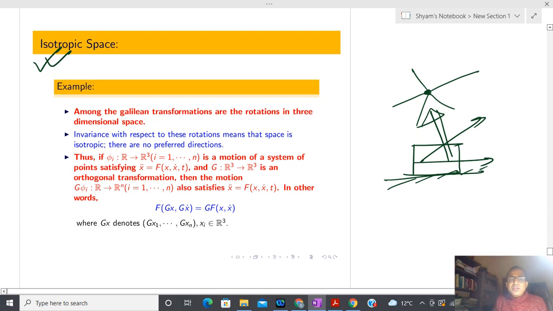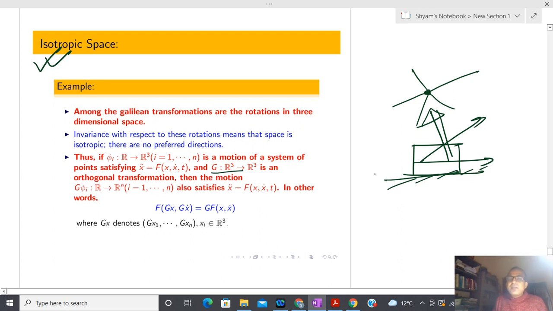Again I have an object, and each object has its motion represented by phi I r plus r cube, the motion of a point system, and after that I have to make sure that g is nothing but an orthogonal transformation.